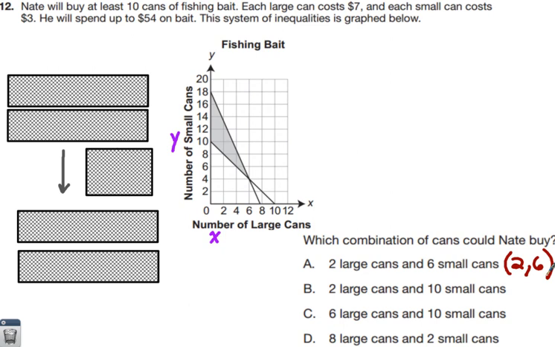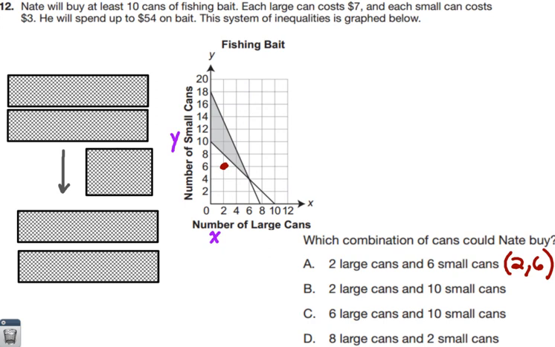Large cans is x, small cans is y, and so (2, 6), where is that? Look. So is option A a combination that Nate could buy? No, because it's not in the shaded area. So it's not A.